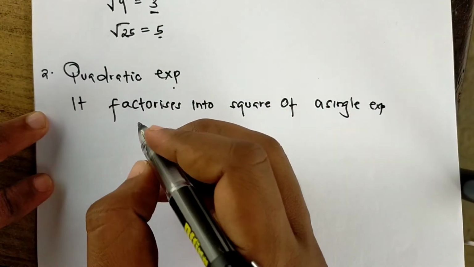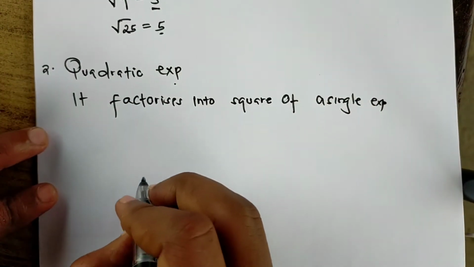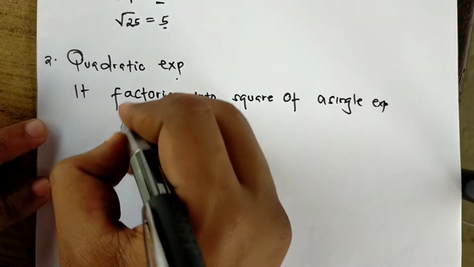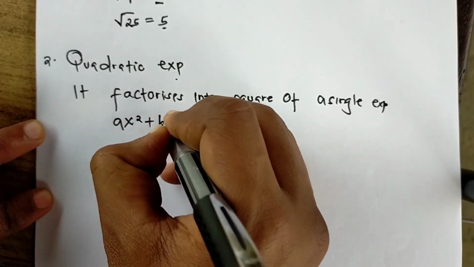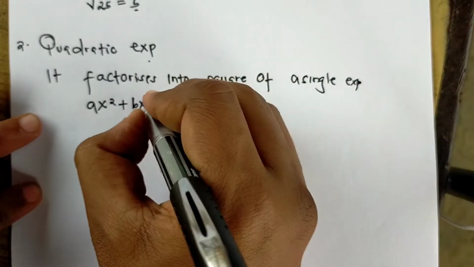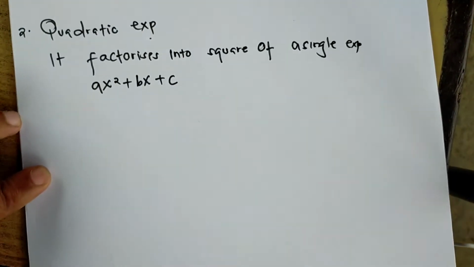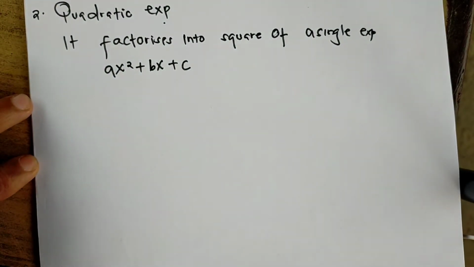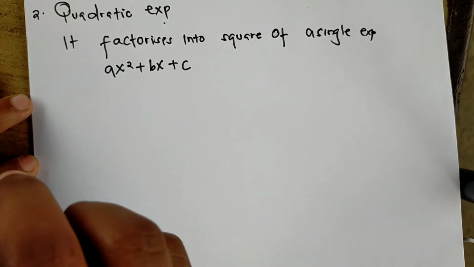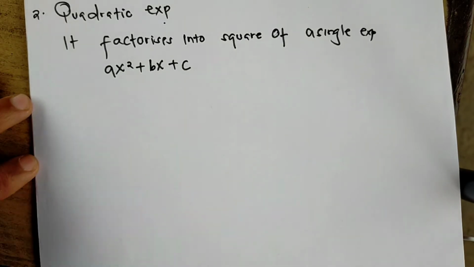Okay, for example, let's take ax square plus bx plus c. There are two conditions involved. Two conditions that you should check to see if this quadratic expression is a perfect square.